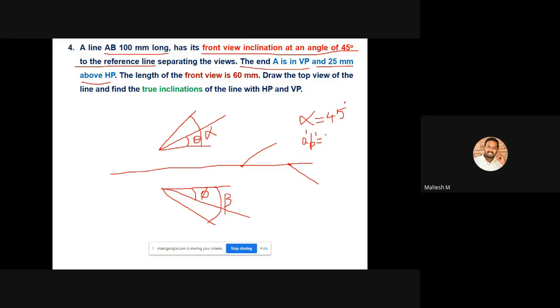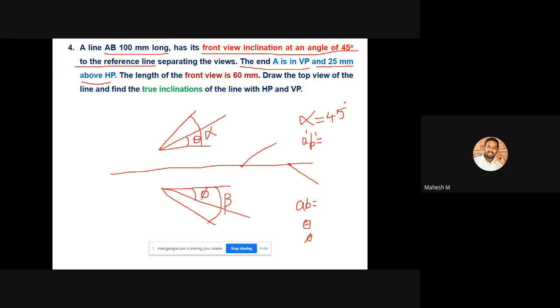Draw the top view of the line and find the true inclination of the line with HP and VP. That means we have to find the top view, so we have to mention the length of AB, and also we have to find the true inclinations, that means the theta value and also the phi value.